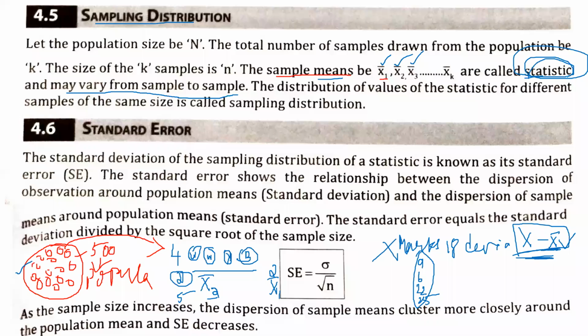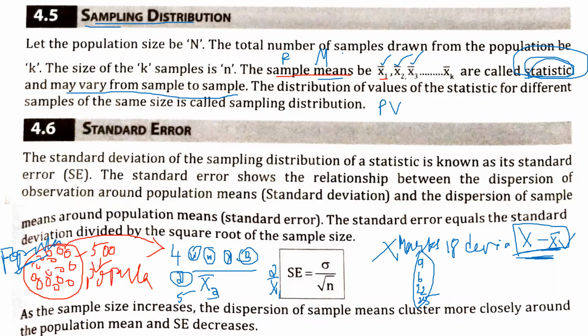Now similarly, for population you will have population mean and population variance. For sample, you have sample mean and sample variance. For population, you have population mean and population variance.